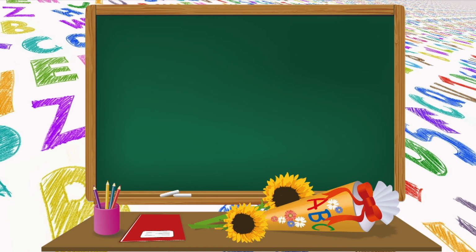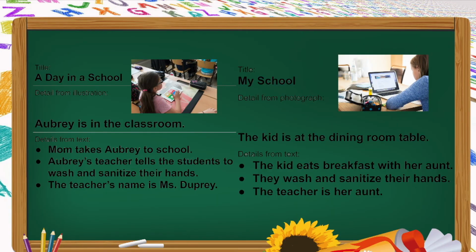Now that we have reviewed our two texts, let's see what details we can find that are the same. What similarities do you see? Yes, that they both talk about school.